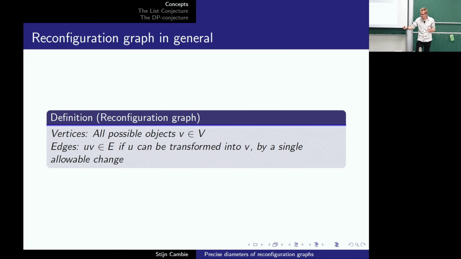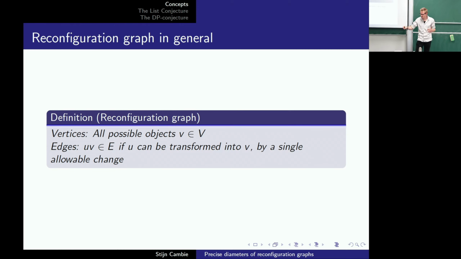So there are quite a lot of cases where it's interesting to know if some general reconfiguration graph is connected, and if you know that the graph is connected, you also can wonder how fast you can reconfigure in general. So the diameter of the reconfiguration graph tells something about the worst case, so knowing the diameter is an interesting question.